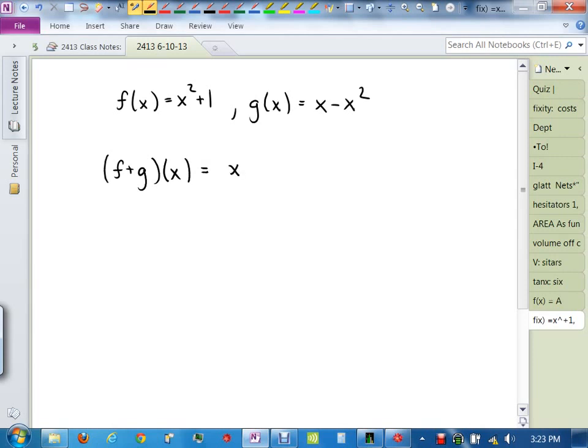So you just add them, right? x squared plus 1, add to that what? Plus the other one, x minus x squared. And now you just combine like terms. So what would you get? Careful. Just x plus 1, right? The x squareds cancel.